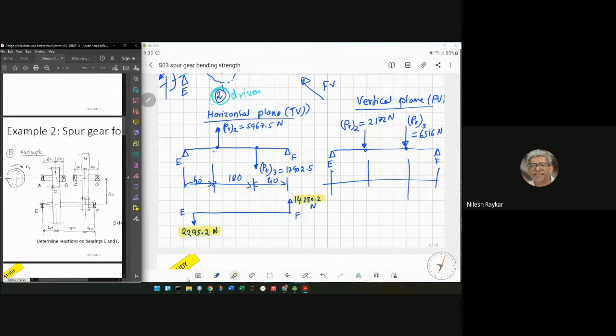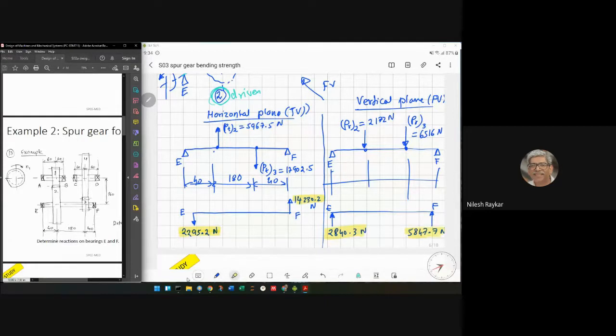So these are the components of the reaction forces in the horizontal plane, and in the vertical plane we get the reaction as 2840.3 newtons and 5847 newtons.